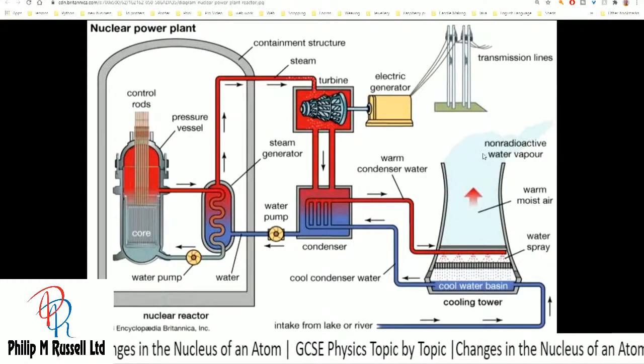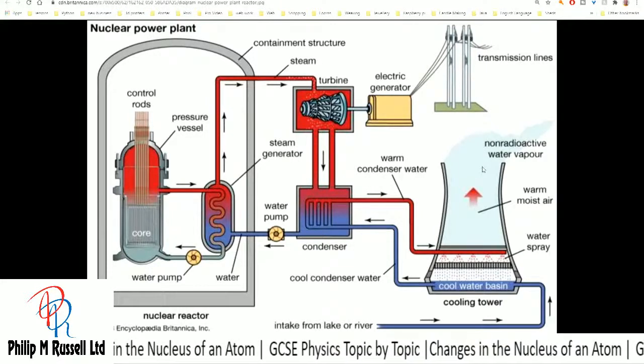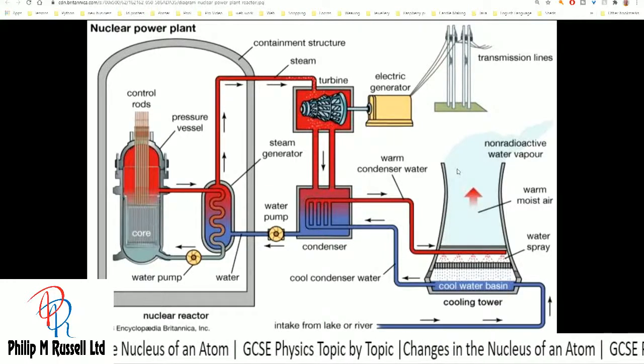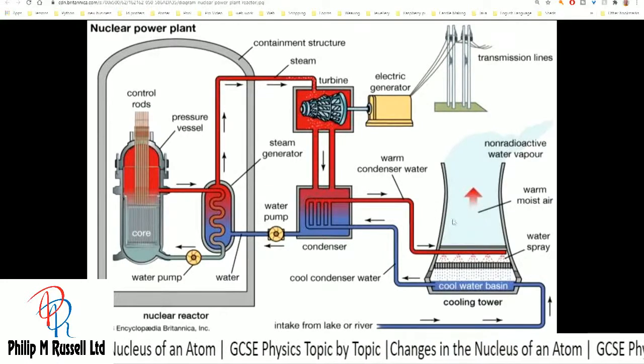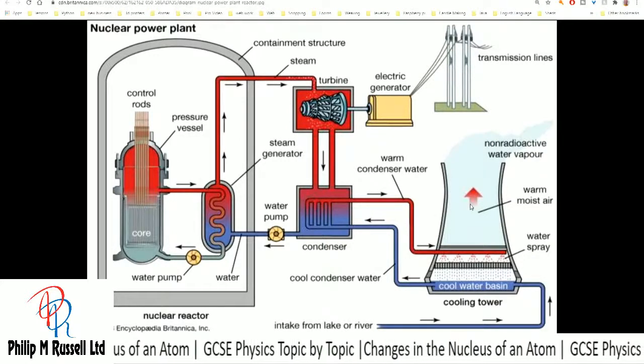So at some nuclear reactors we see this water vapour going off, but it's not radioactive. It's just being used to cool the water down. Now in some places we can use this cooling down to perhaps heat some houses during the winter.